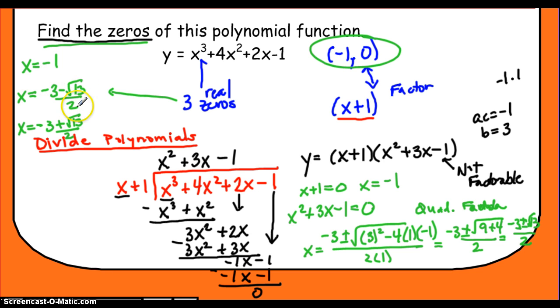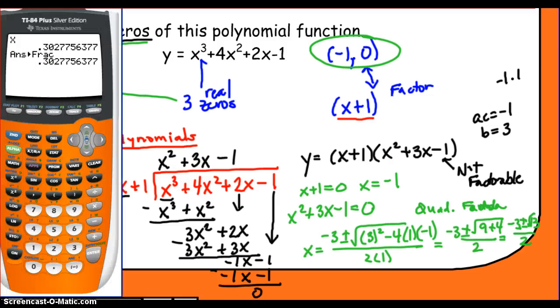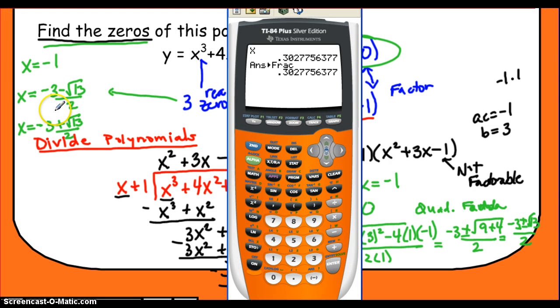And if we plug those into our calculator, what we would find is that if I did -3 plus the square root of 13, all that divided by 2, it gives me the same answer, so I know that I did it correctly.